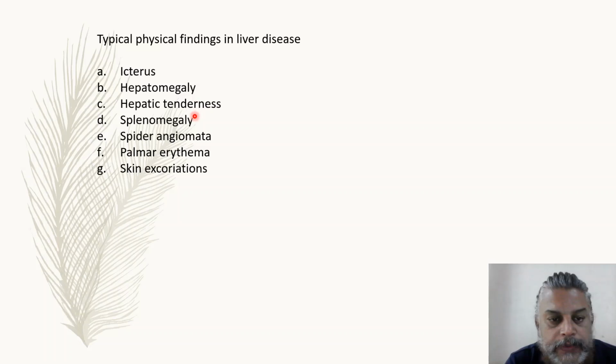Many diseases of the liver will cause enlargement of the spleen and ascites. Clinically, we will look for spider angiomas. It is very easy to see skin excoriation in obstructive jaundice and palmar erythema in cirrhotic patients.